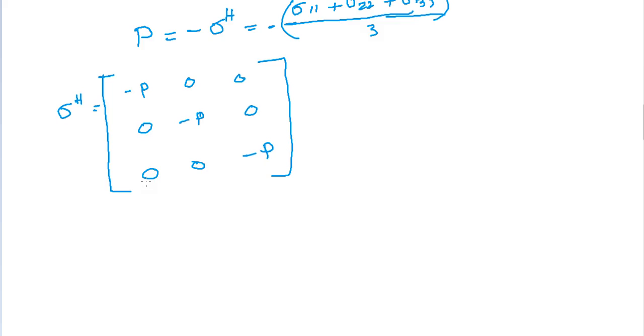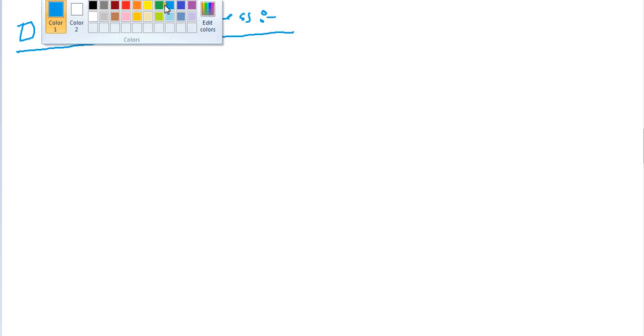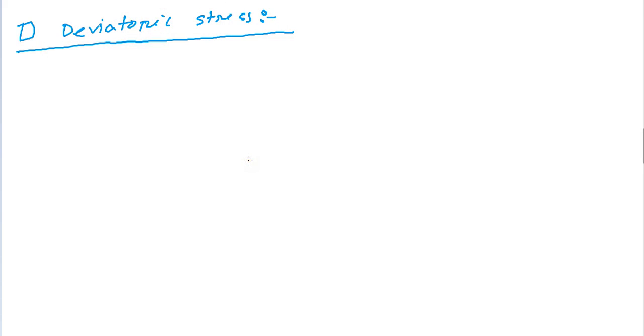Okay, now we can go to the deviatoric stress. So what is deviatoric stress? At the beginning, I already said that deviatoric stress is related to the shape change. Deviatoric stress is what's left after subtracting out the hydrostatic stress.